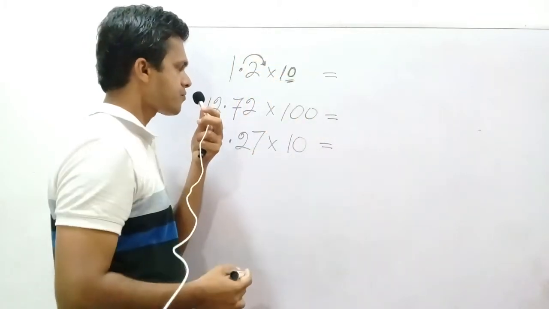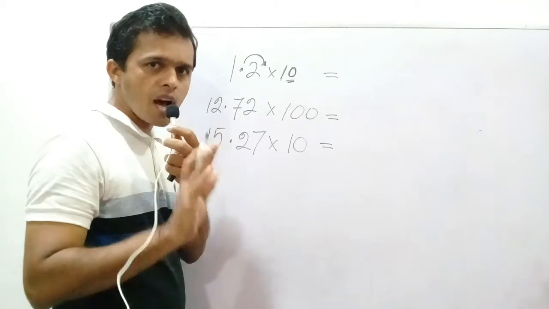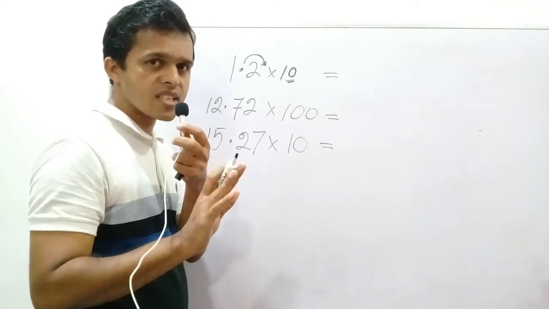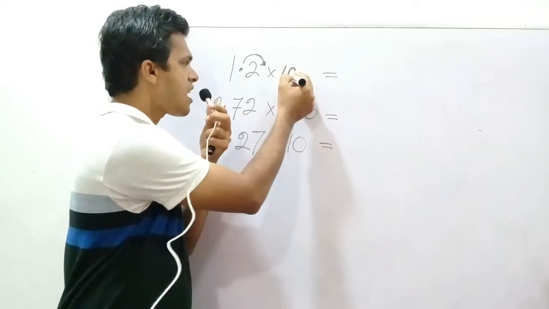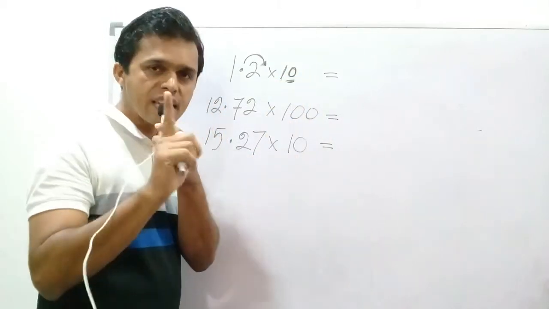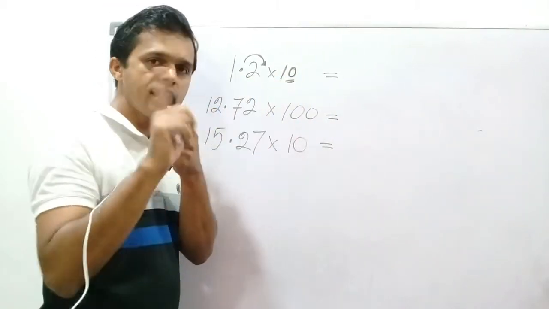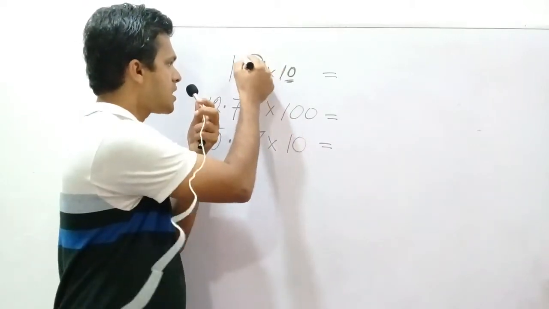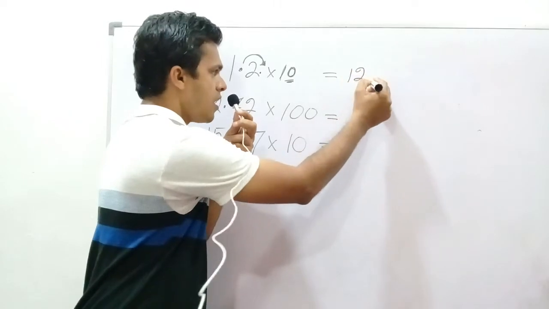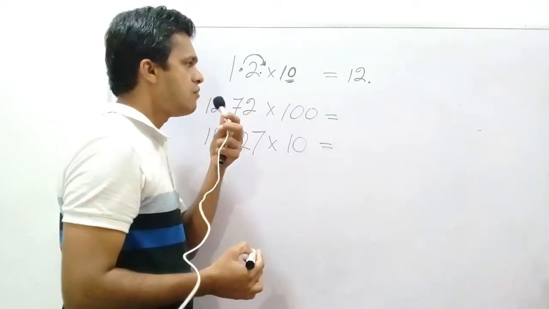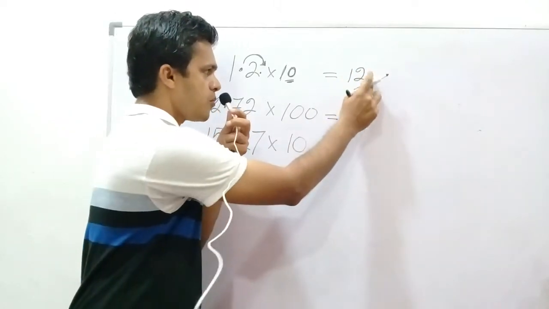When you think of the decimal point, it goes to the right side, passing one digit. The reason is that you could see it's having 1 0 in 10. So this decimal point comes here. So the answer is 12. Generally, we do not write this decimal point.